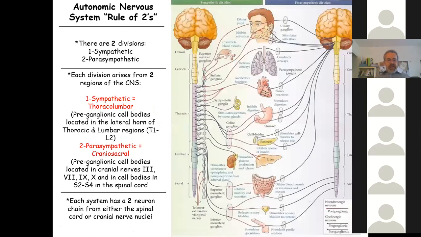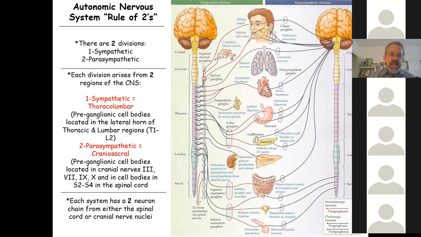As long as we're talking about differences, let's do a little side-by-side comparison. One of the things that's often referred to with the autonomic nervous system is what we call the rule of twos, the number two. There are two divisions. We have sympathetic and parasympathetic, right? 1 and 2. Each division arises from 2 regions, right? The sympathetic is from the thoracolumbar region. The parasympathetic is from the craniosacral region.